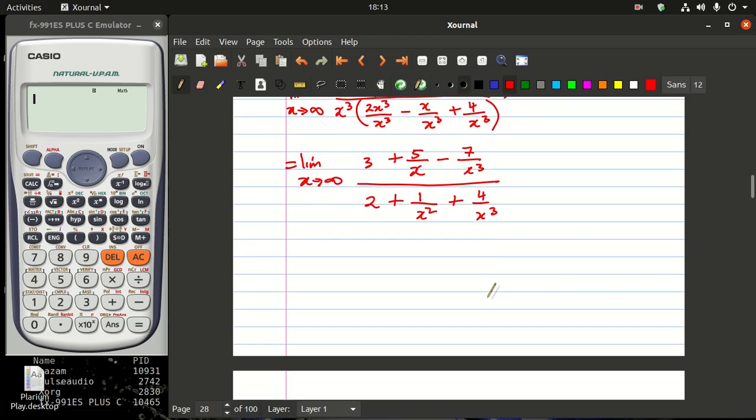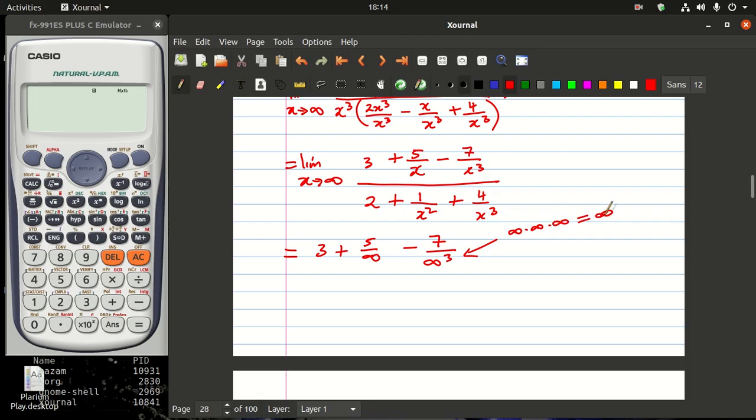Of course, we are trying to do everything we can to remove the indeterminate form, and now this is going to be 3 plus, and if you look into this, this is going to be 5 over infinity, and then minus 7 over infinity cubed, or infinite times infinite times infinite. Infinite cubed is going to be infinite times infinity, which is infinite times infinite, which is infinite.